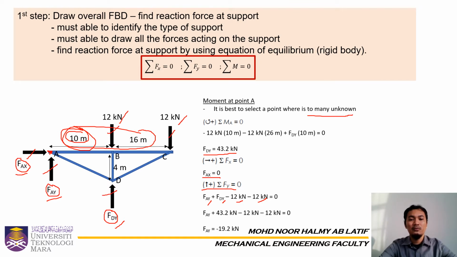By solving the equation, we get negative 19.2 kN. In this case, it is negative. It shows that the force is actually acting downwards.